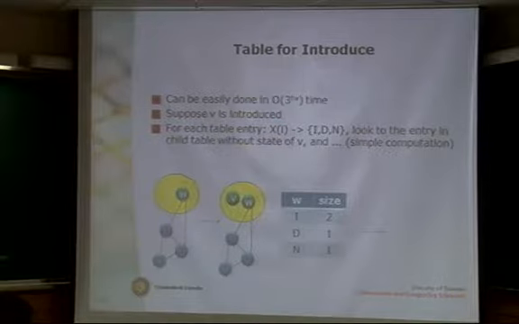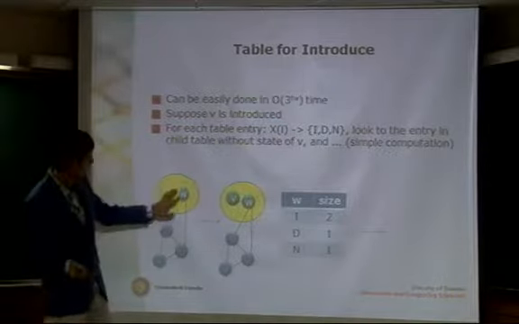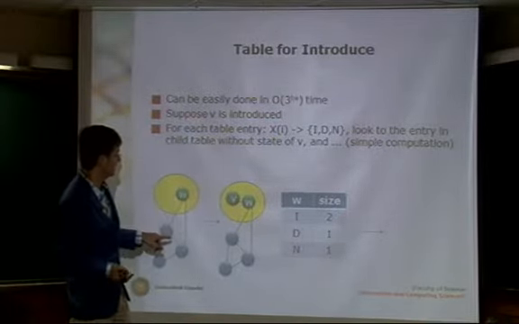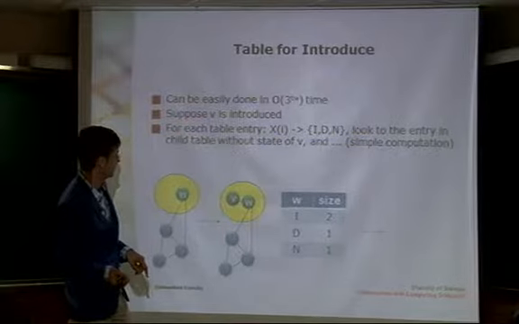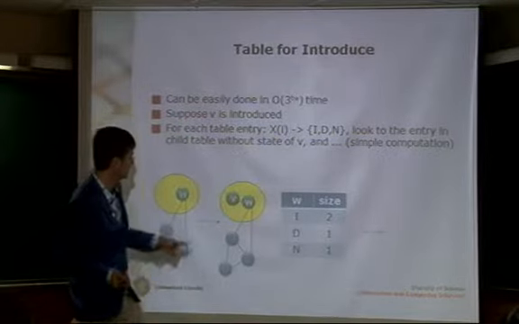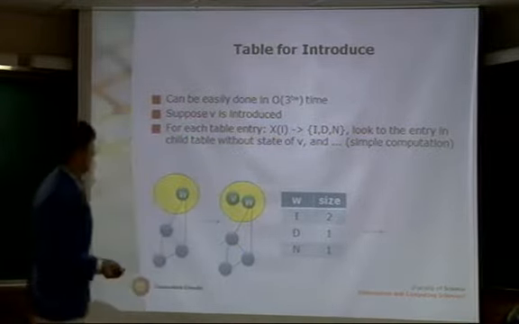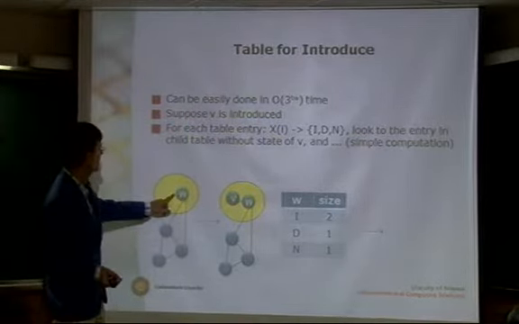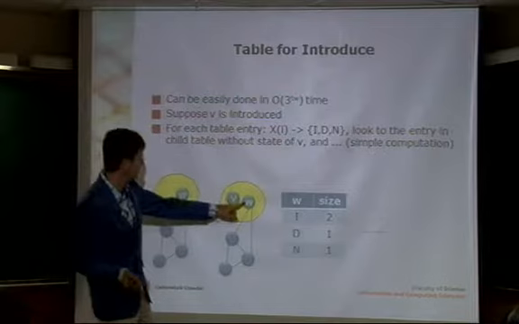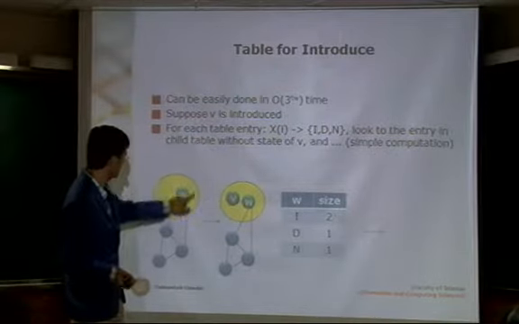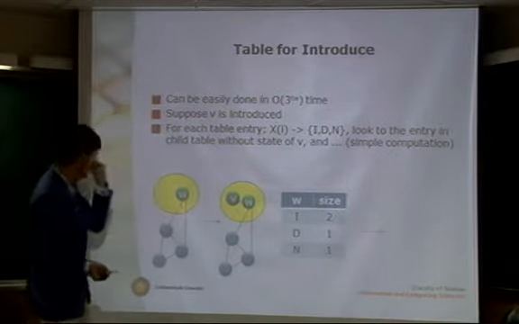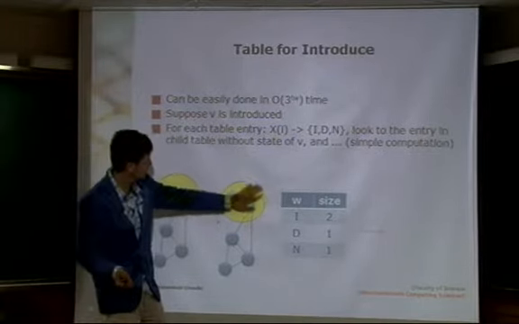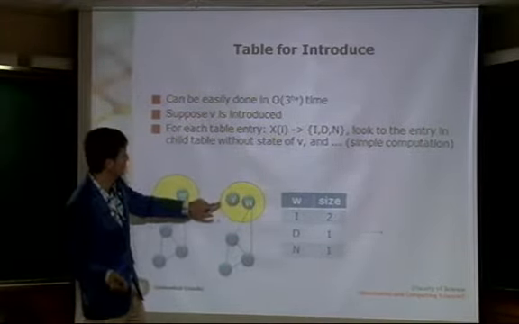So if I have an introduce node, I have one new vertex, and this new vertex V has only neighbors which are in the boundary of the previous one. So I have the table for the child, and now I want to compute the table for this introduce node.